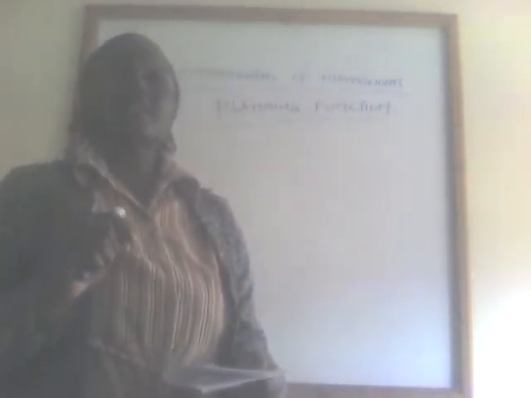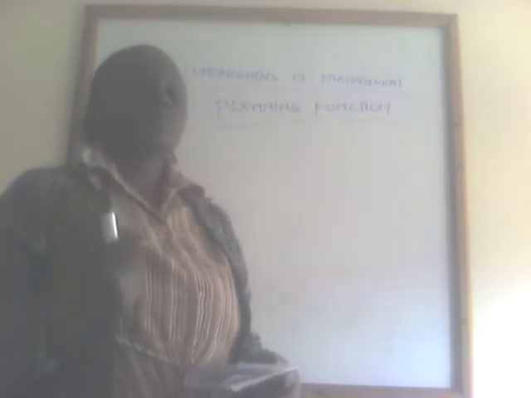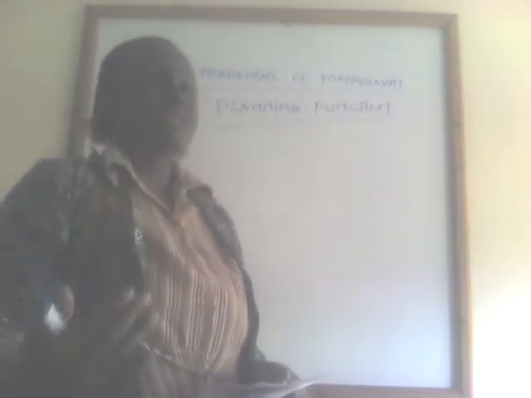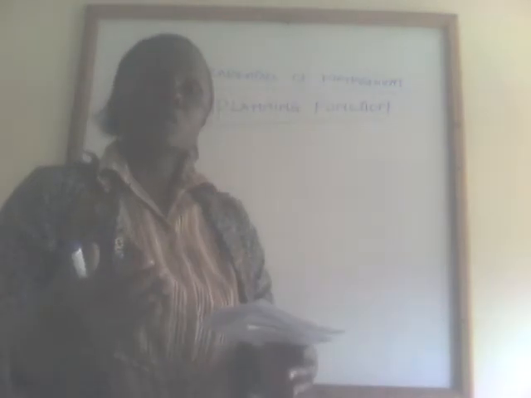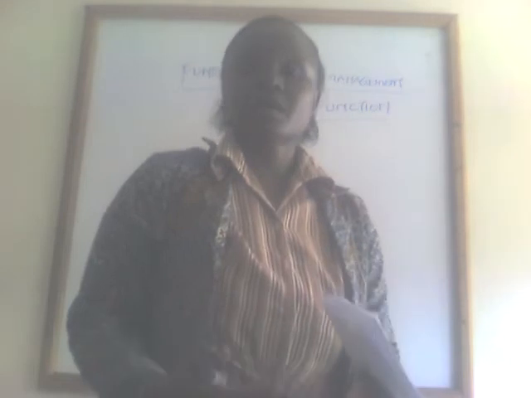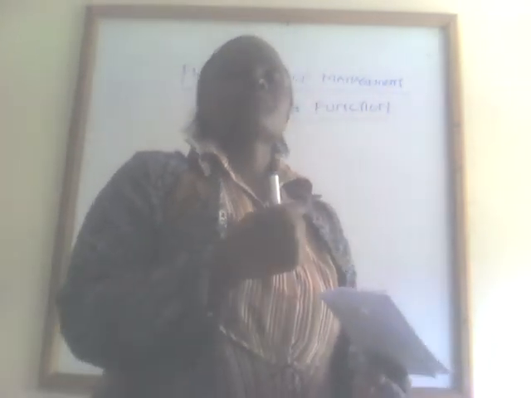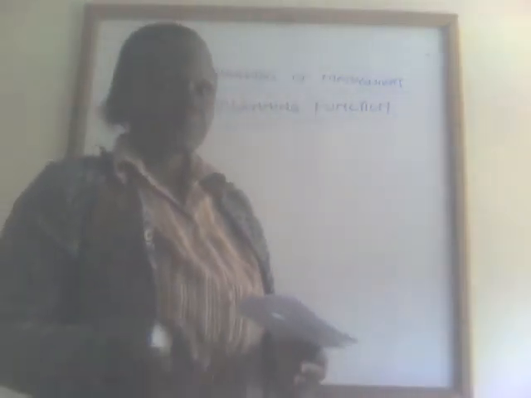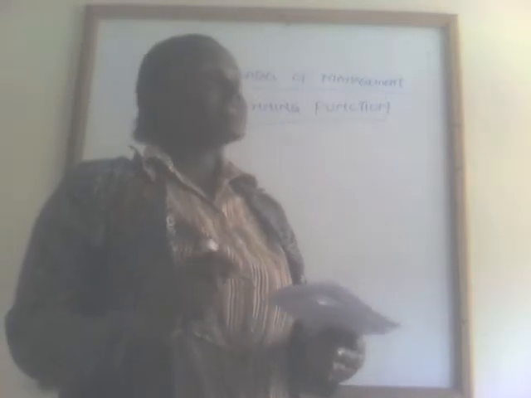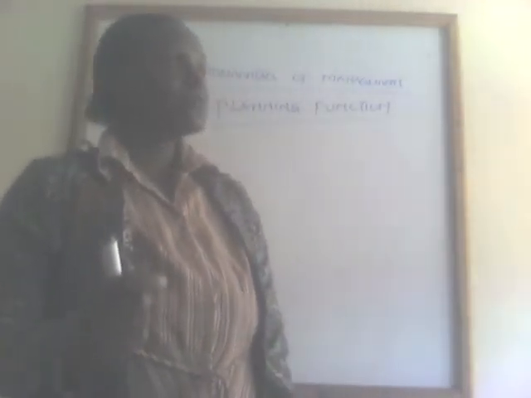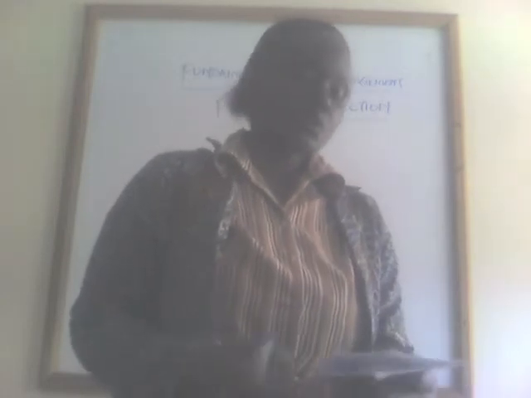If you are assigned the activities to do, after the goals have been selected, how are you going to make sure that the activities are being done in the right manner for you to achieve the objectives which you have been given? Then decide who is going to perform or carry out the activities for you to achieve the organizational goals.